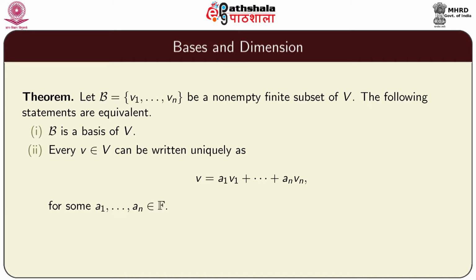What do we mean by saying that the following statements are equivalent? That means, if we assume that the first statement is true, then we should be able to prove the second statement, and conversely, if we assume that the second statement is true, then we should be able to prove the first statement.